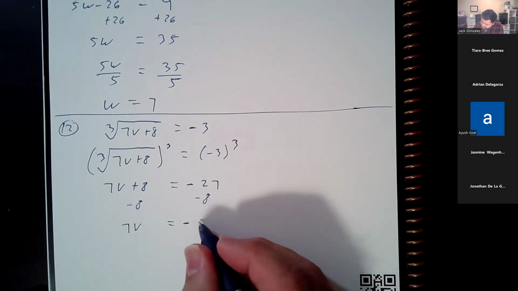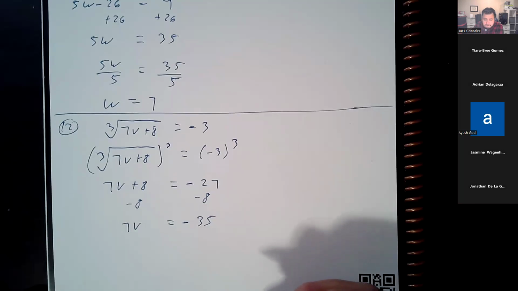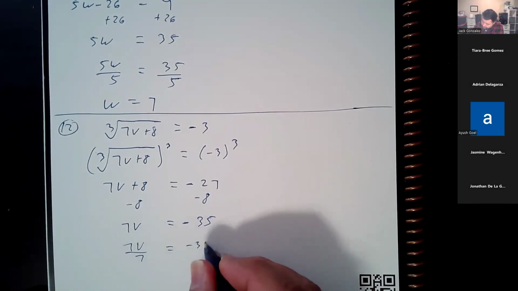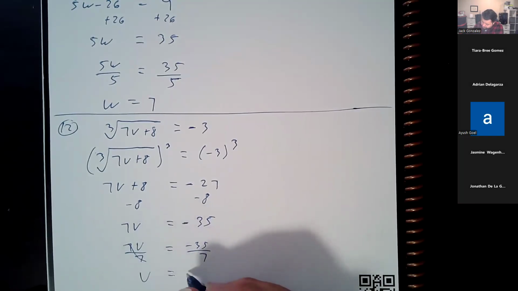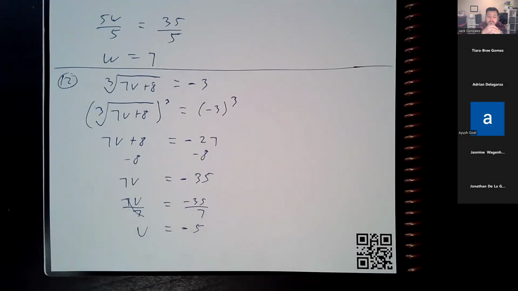Negative, I'm getting tired. 35, right? Divided by 7. Yeah.